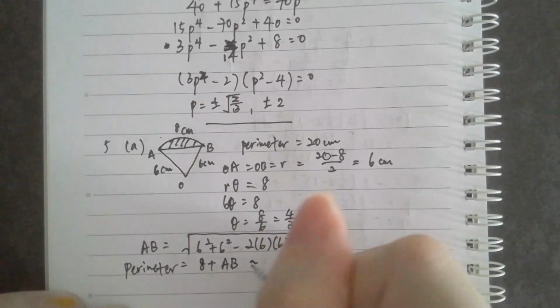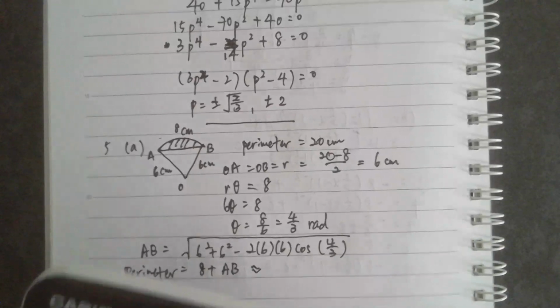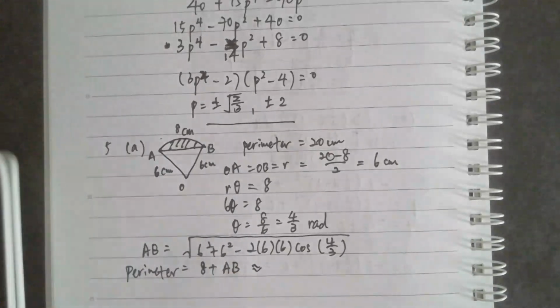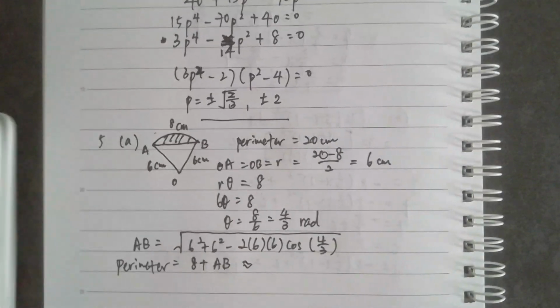Using the calculator, I can just type the string of numbers, 6 squared plus 6 squared.